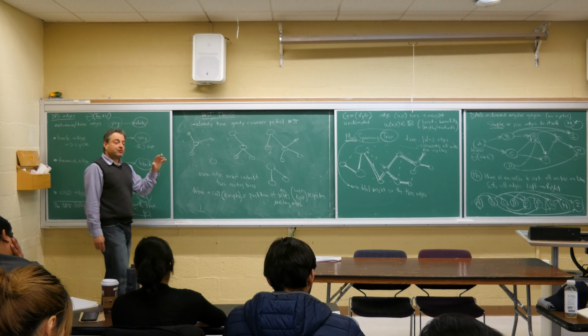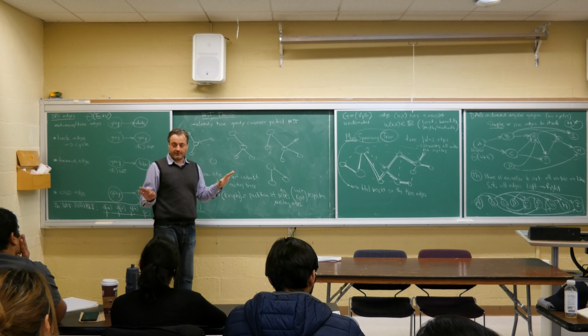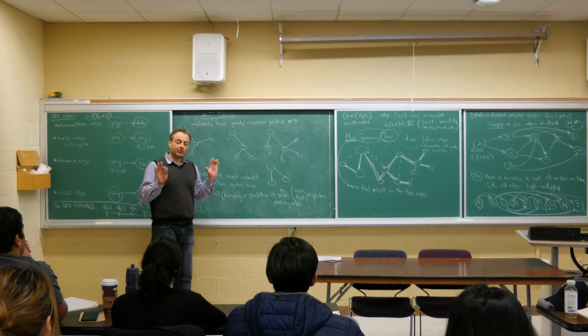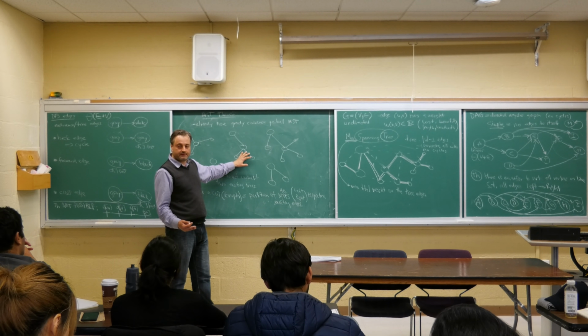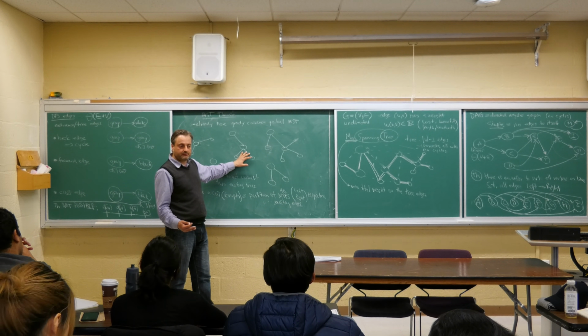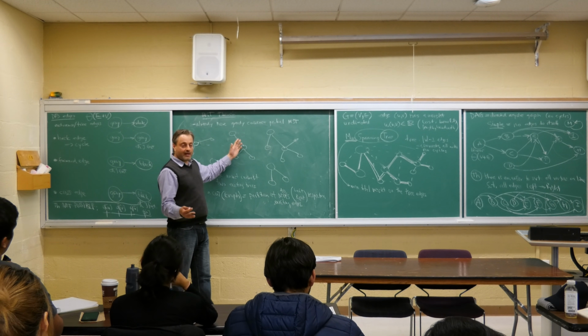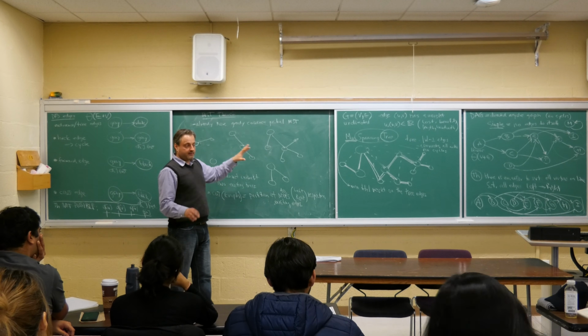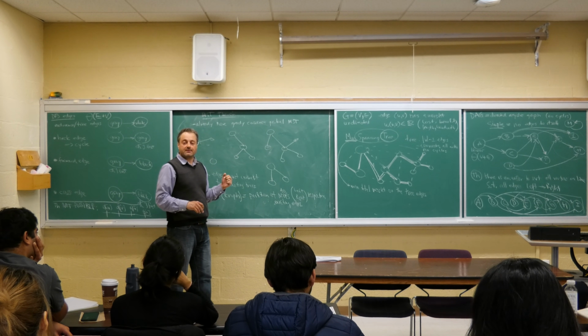What's a cut? I have to partition the nodes into two groups, left side and right side of the cut. But I have to respect these edges. What does respect mean here? If I tell you, partition those nodes any way you like, left versus right, it's a two groups partition, but you have to respect the edges.